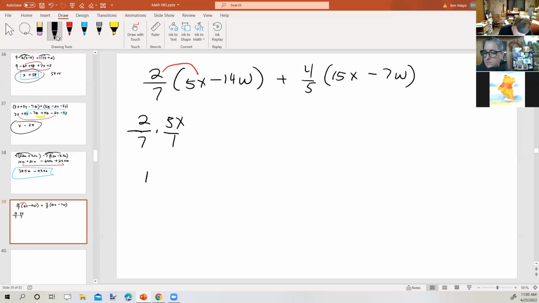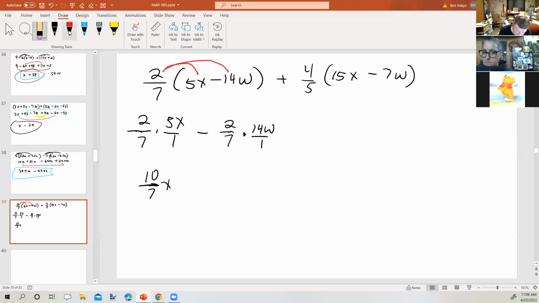And that would end up being 10/7 x. And then distributing minus 2/7 times 14w over 1. And I put the minus that was with the 14 out in front there. Any questions about that?